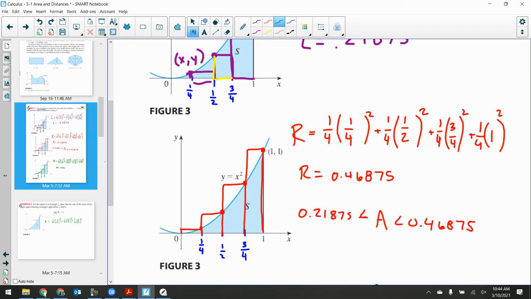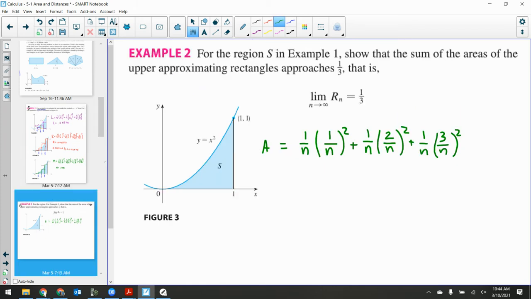I'm increasing the numerator by 1 each time. So if I make that arbitrary, it's going to go from 1/n times 1/n squared, 2/n squared, 3/n squared, all the way up to, if I let it go to infinity, plus 1/n times n/n squared. And this is just an infinite sum.